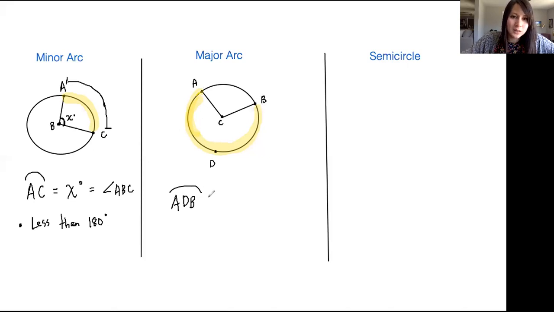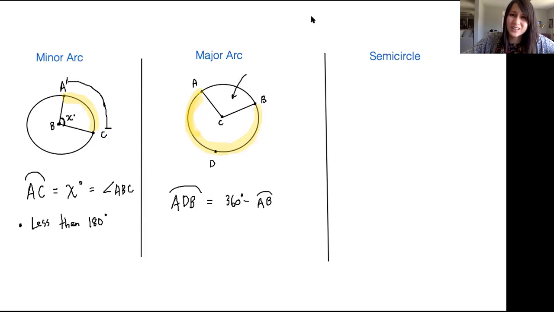And so arc ADB, if I wanted to find the measurement, is 360 degrees minus arc AB. So if I found AB, then I could subtract 360 minus AB to find this difference, right? I don't think I would call the angle ACB, because ACB describes this angle right here.